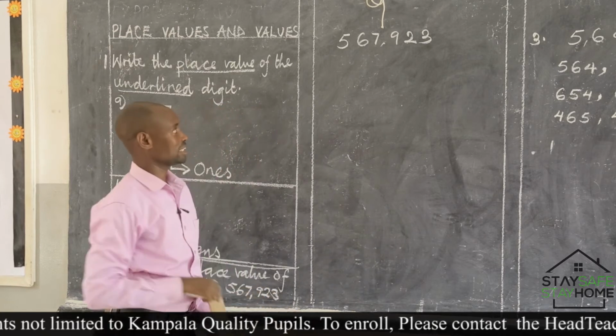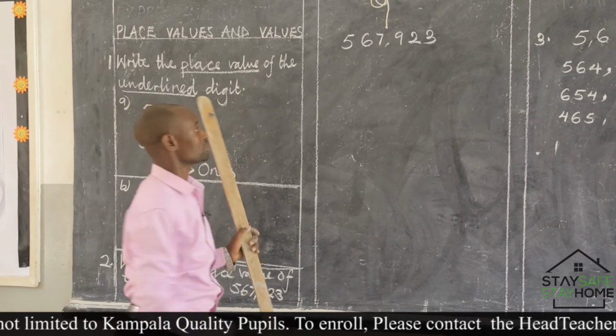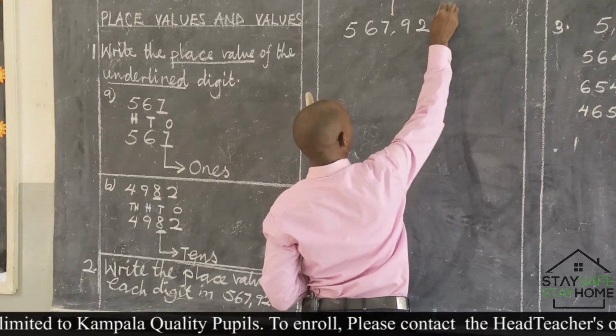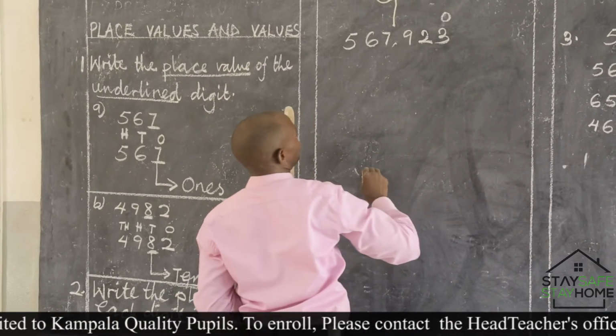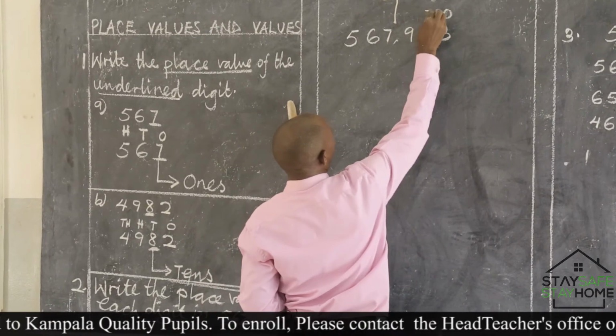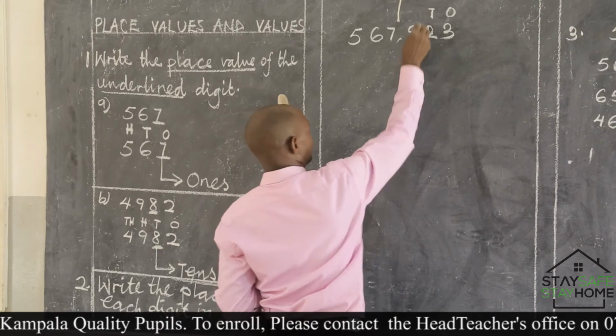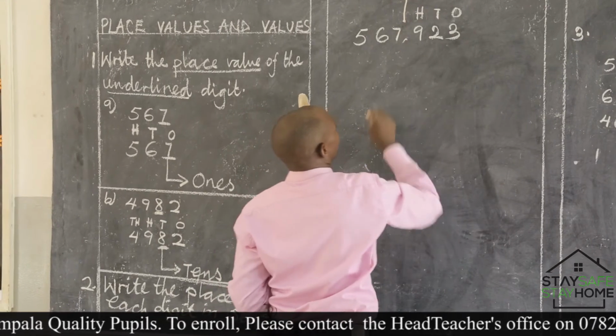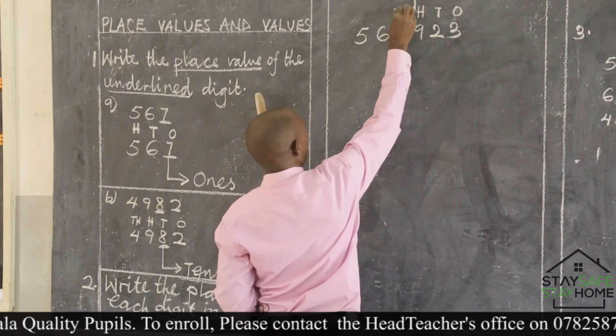Begin by writing the place values in short for each. 3, that is ones, is represented by O, capital O. Then 2, tens. 9, that is hundreds. 7, that is thousands.